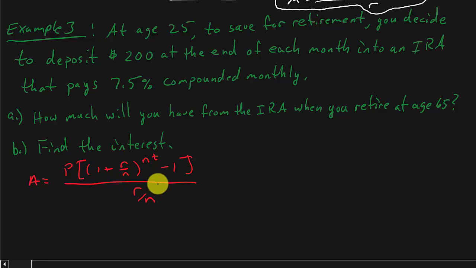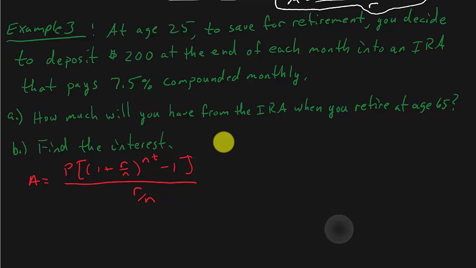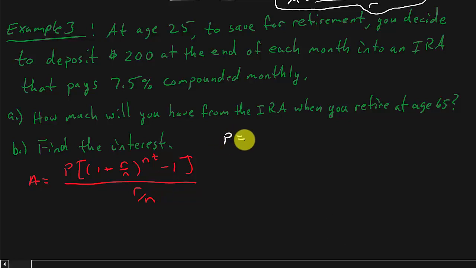First, P, that's our equal payments, so that's $200 at the end of each month. Then R is 7.5%, so that's 0.075. Compounded monthly, so N is 12. And then I need T.